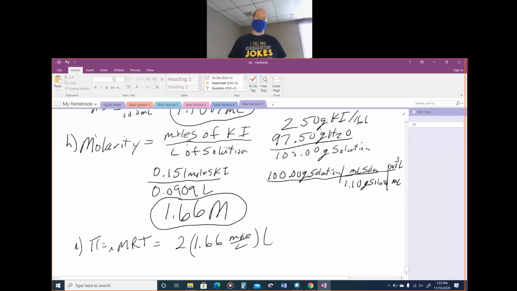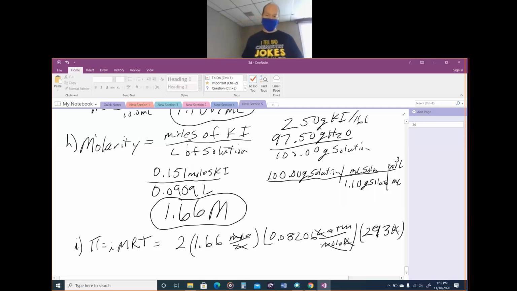R is a constant given. We have to use the one that's going to give us a pressure, and that is the 0.08206 liter atmospheres per mole Kelvin. And then at 20 degrees Celsius, that is 293 Kelvin. Always in Kelvin, never in Celsius. And so the Kelvin cancels the Kelvin, the moles cancel the moles, the liters cancel the liters, and we have our osmotic pressure in atmospheres.